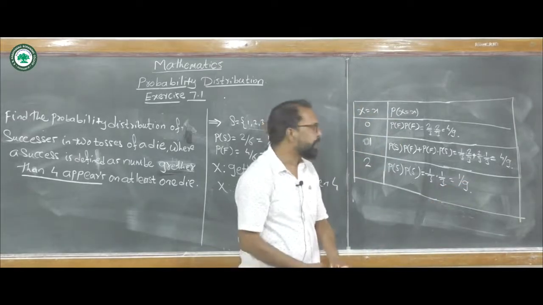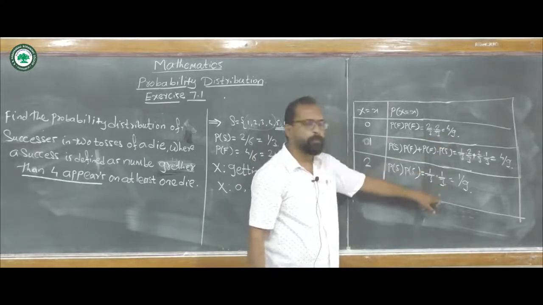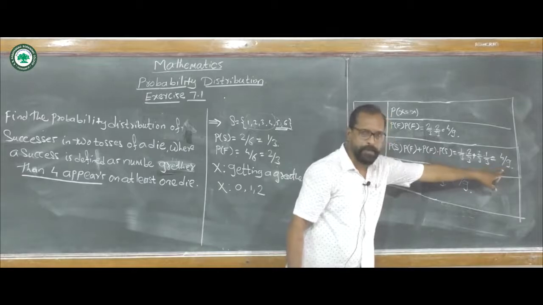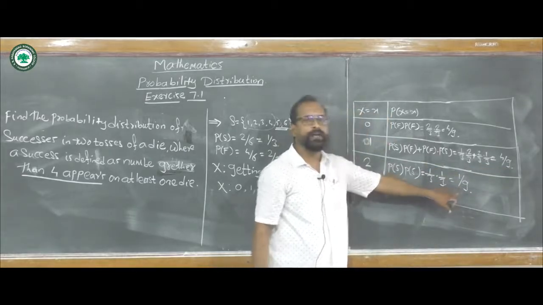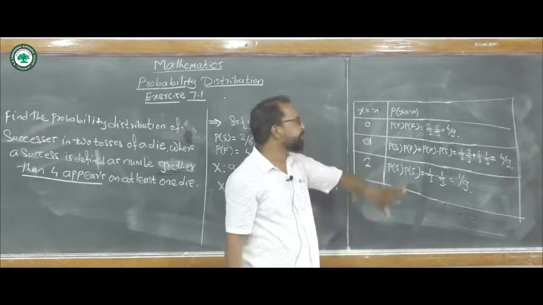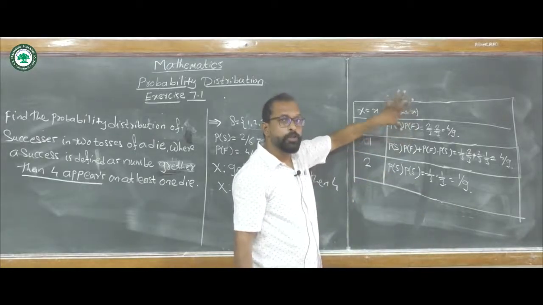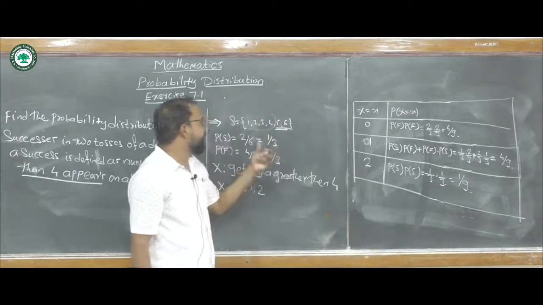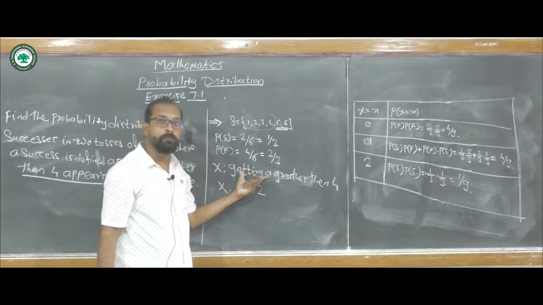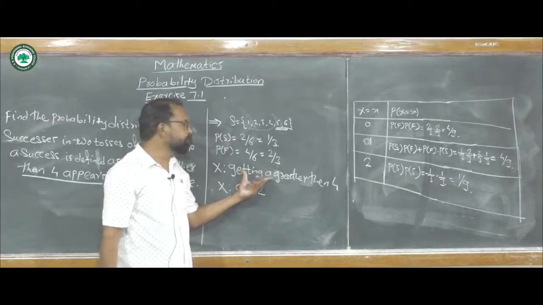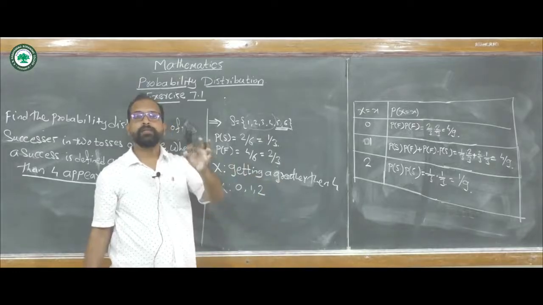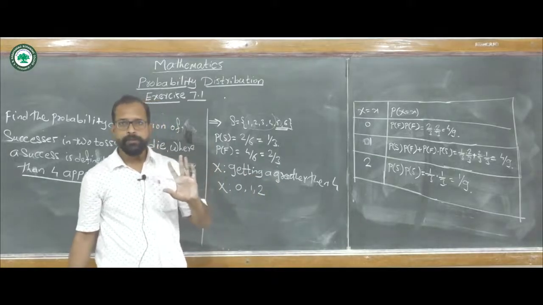And again observe that the sum of all probabilities, that is 4 by 9 plus 4 by 9 plus 1 by 9, becomes 9 by 9, that is 1. So it is a probability distribution for a random variable x, which is defined as getting a number greater than 4 on either toss.